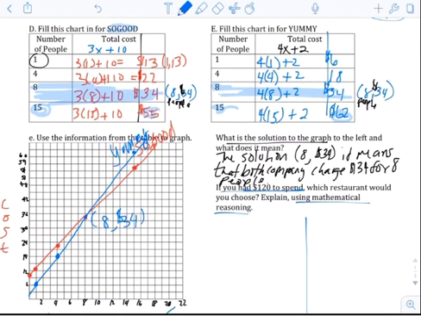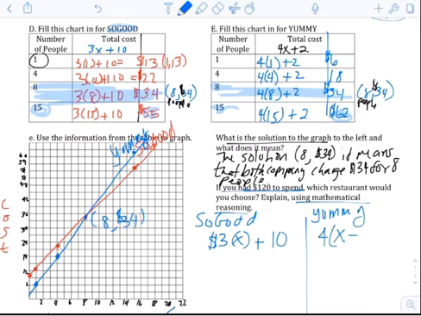Okay, So Good charges $3 per person, plus a one-time fee of $10, where Yummy charges $4 per person, plus a $2 fee only.